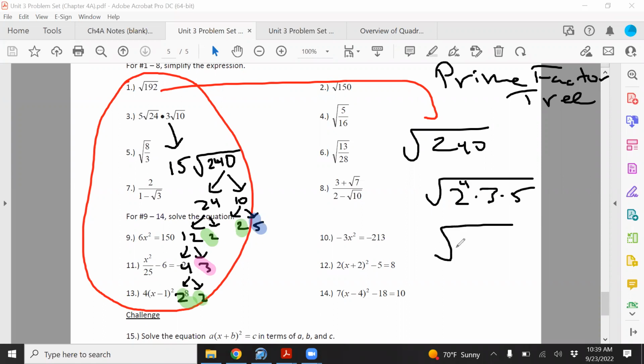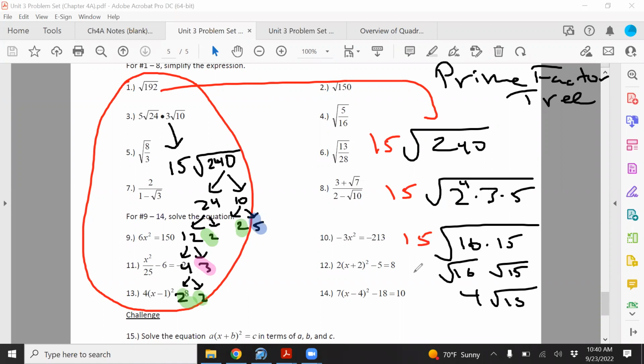What's 2 to the 4th power? That's 16. And what's root 16? 4. So that's 4 root 15. So really what you got is 15 times all that, so it's 60 root 15, exactly. Yep, 60 root 15.